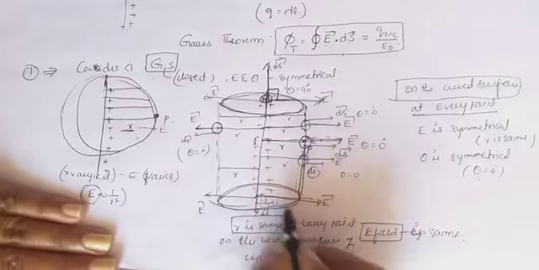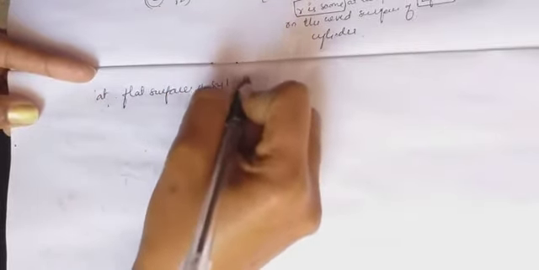Here also we are getting the 90 degree. So that means at flat surfaces of the cylinder, like this is the cylinder, here is the conductor.